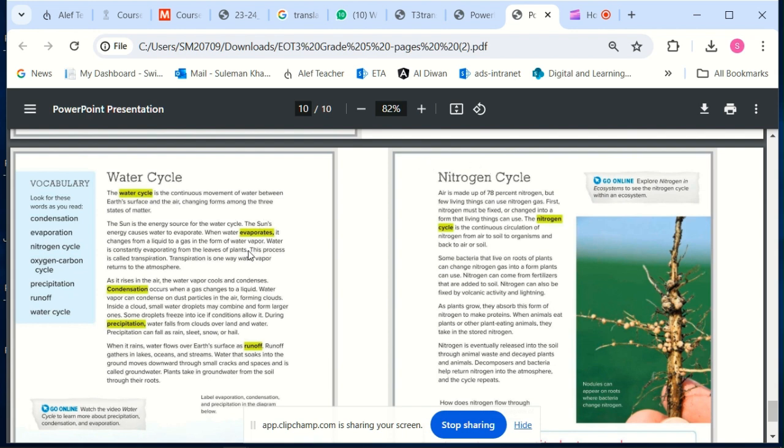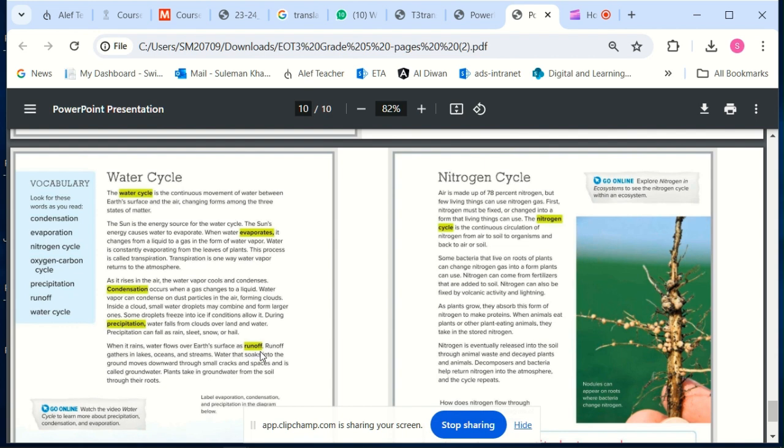The water cycle: water evaporates from the بحر, بخور. This is evaporation. Matter is precipitation. Gas to liquid is condensation. Evaporation is liquid to gas, بخور. Condensation is gas to liquid. Precipitation, matter.